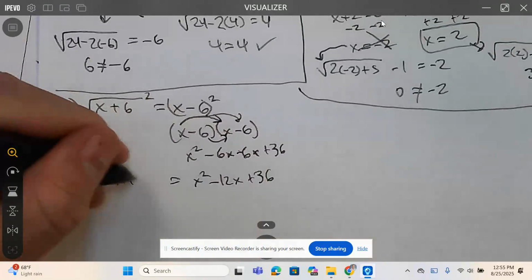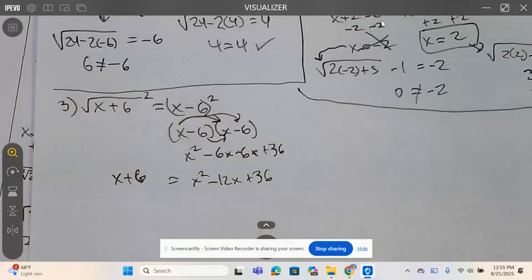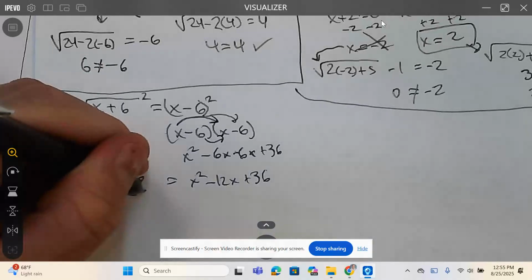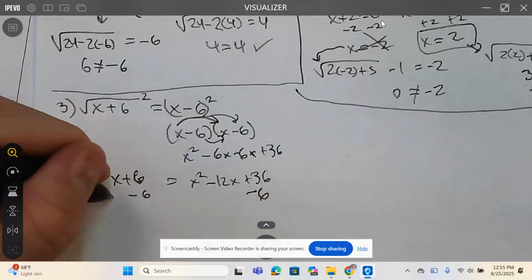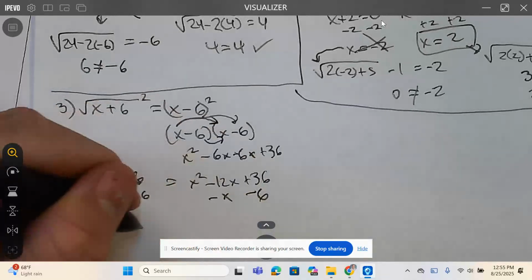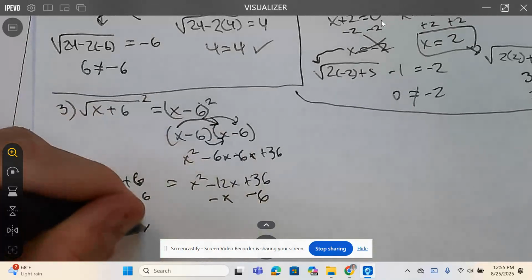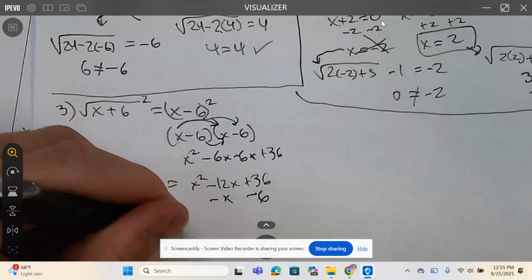That's equal to x plus 6. Okay, make it equal 0, subtract 6, subtract x. So x squared minus 13x plus 30 equals 0.